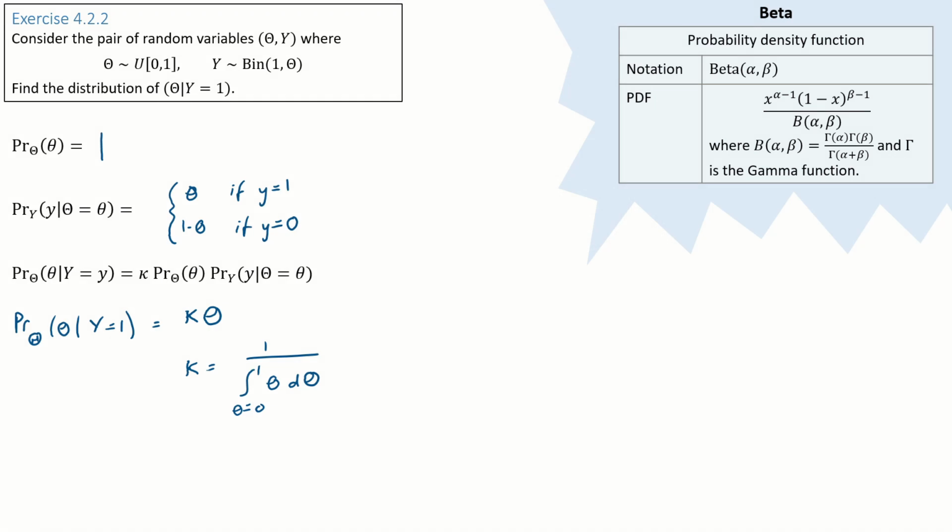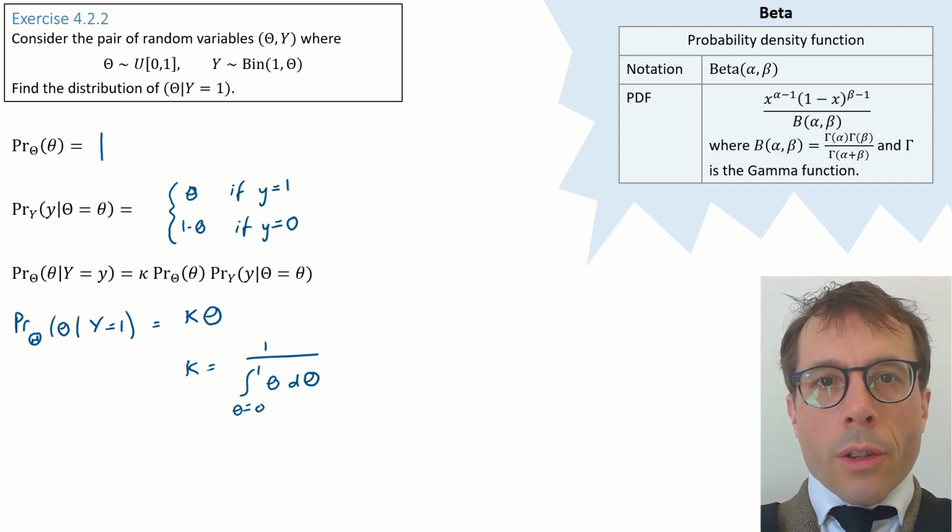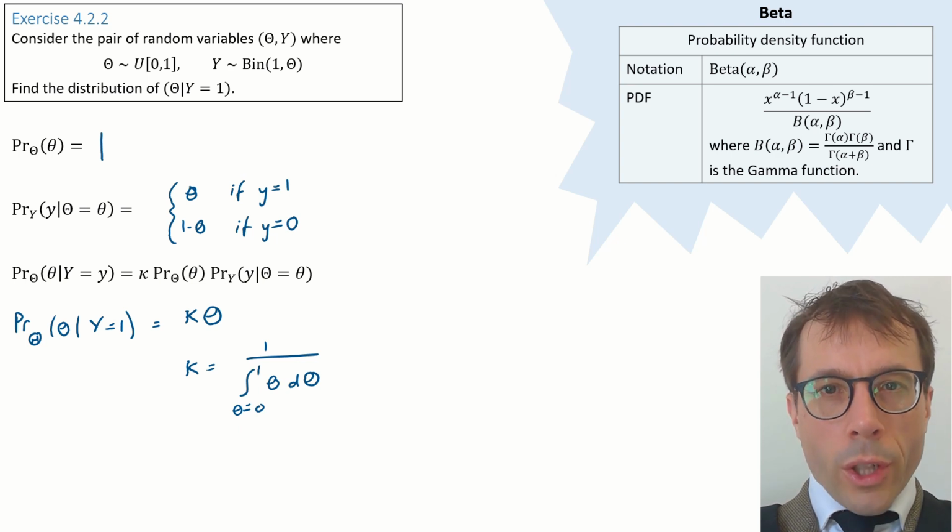This is what Wikipedia tells us about the beta distribution. It takes two parameters, alpha and beta. For the beta of alpha, beta random variable, here's its probability density function. So let me rewrite the conditional likelihood function we just found in what looks like a horrendous overcomplication.